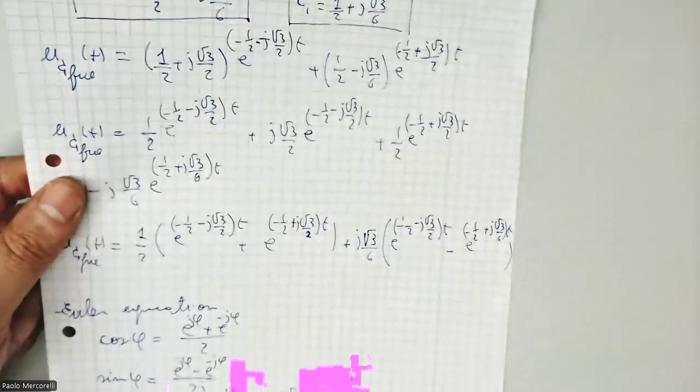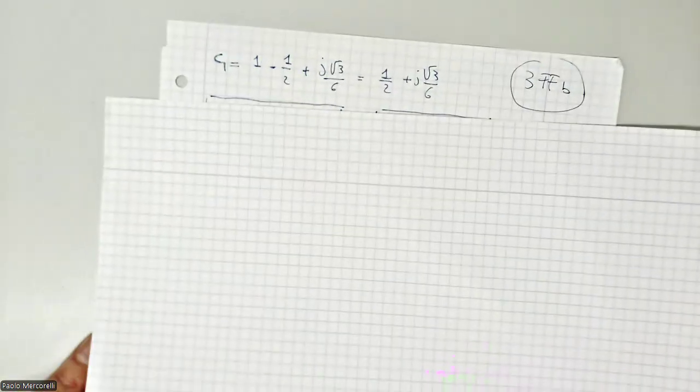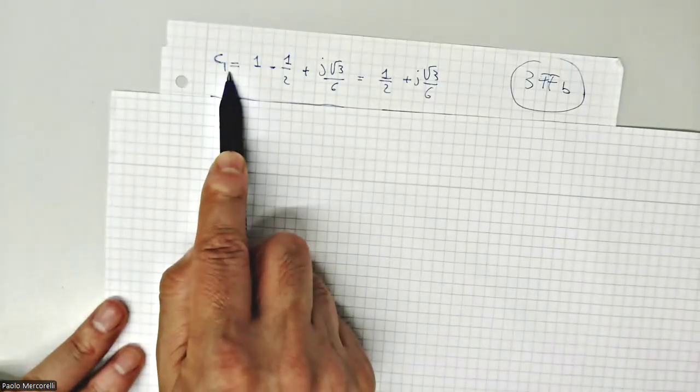I found it in a slide, which I did. This means let me show you this. It's boring, but I did it in this sense. I would like to show you. I calculate C1.